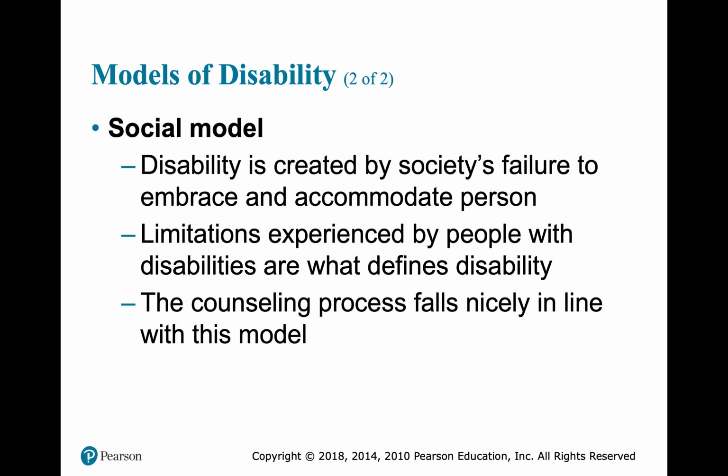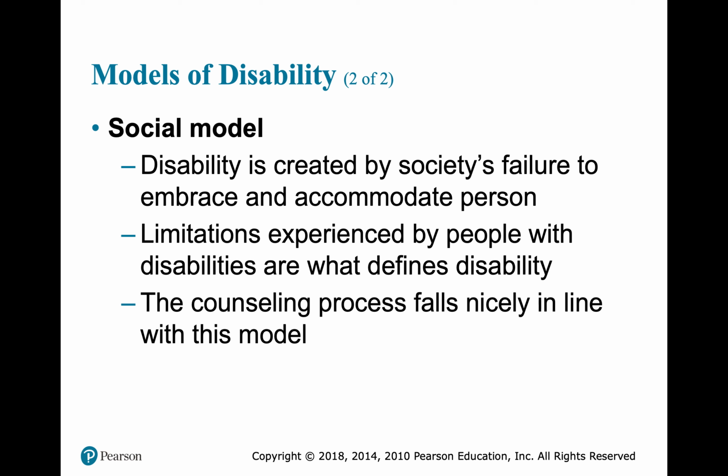With the social model, so we go from being able to fix the individual to the social model, which focuses on societal barriers and biases against people with disabilities rather than on the person, the disability, or the medical condition itself. So it's less of an issue with the disability and the medical problems as it is society.